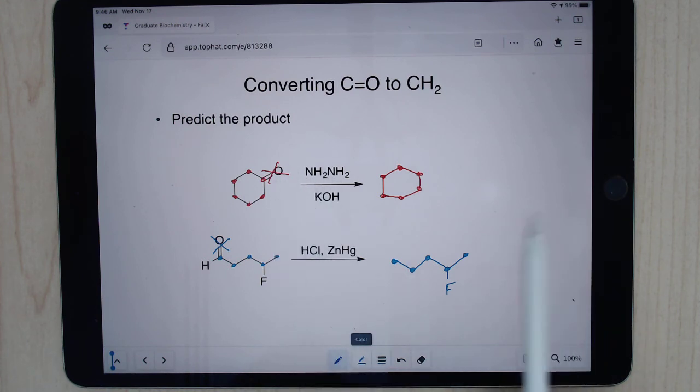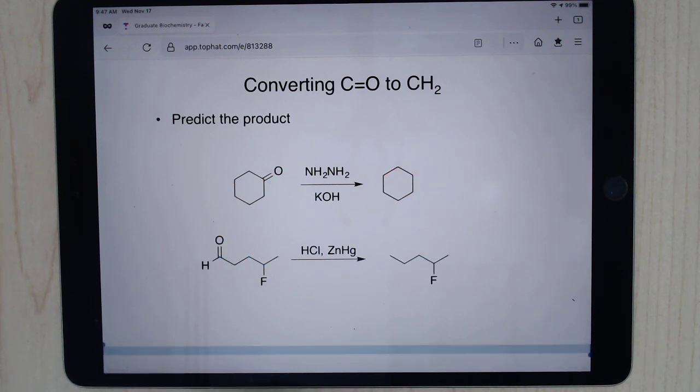If instead you want to react over here, but the groups over here are sensitive to base, then you should probably use the Clemmensen reduction. So it gives you some flexibility when the molecules get a little bit bigger. So that's it. Good luck.